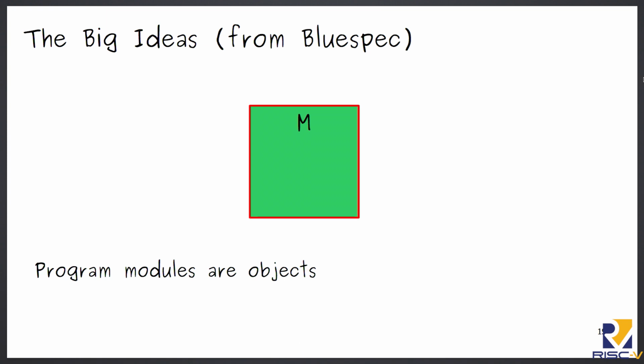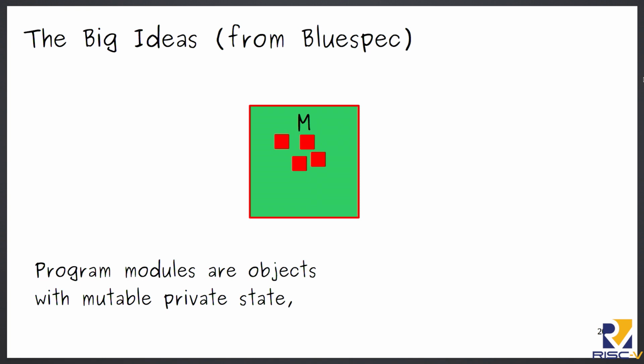So let me give a review of the aspects of the Bluespec programming model that are important to understand how we go about making this verification problem feasible. The first thing is Bluespec, compared to Verilog, has some more in common with, say, object-oriented programming in Java. We break our designs into modules, but they're more like Java modules in that they have their encapsulated private state that other modules are not allowed to touch directly.